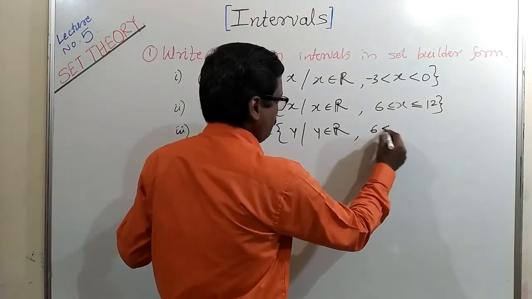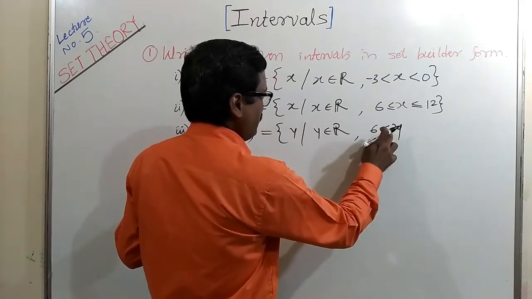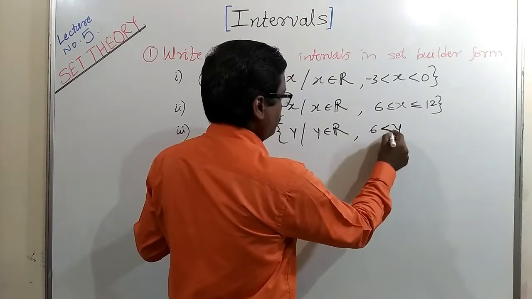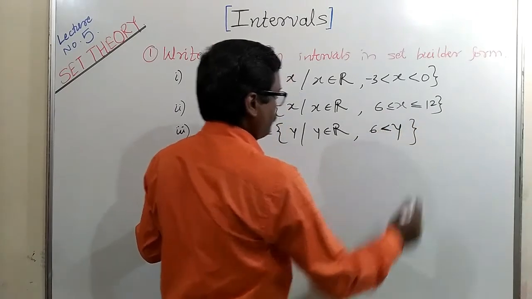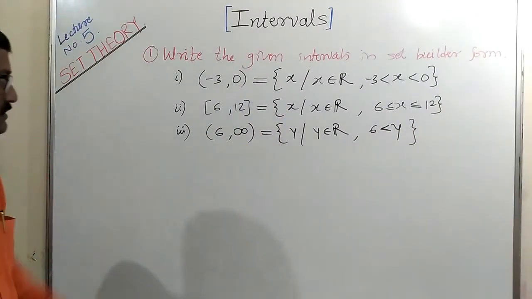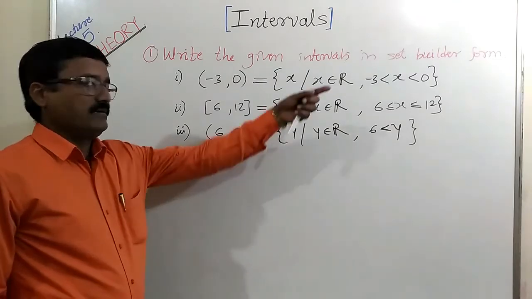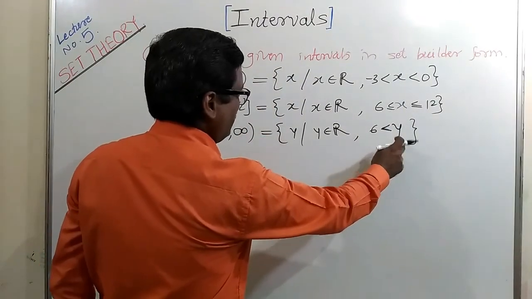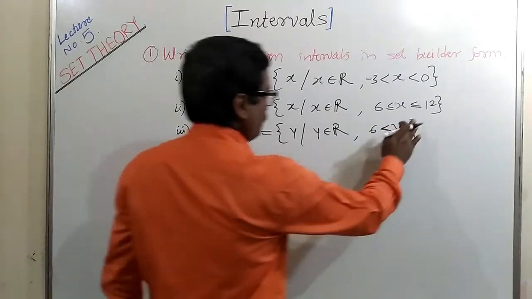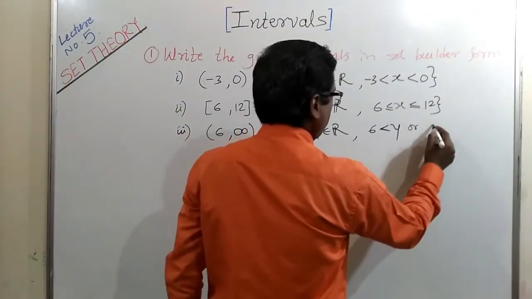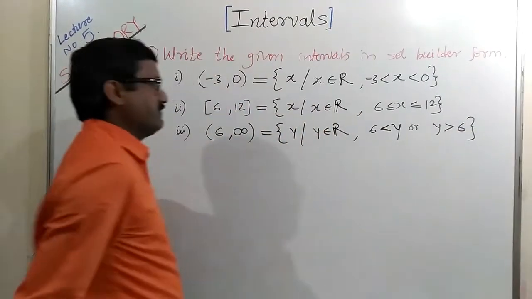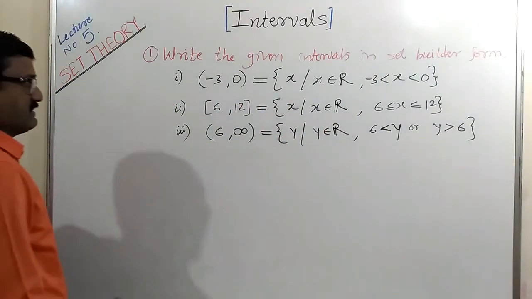So y is greater than 6. This much is enough, because y is greater than 6, so it may be 7, 8, 9, etc., tending to infinity. So 6 is less than y, or y is greater than 6. The same.